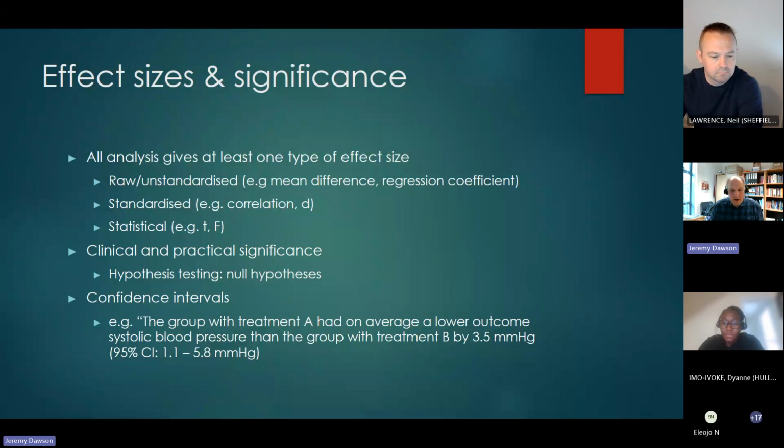Now, what I just said is not quite the strict statistical definition of a confidence interval, but it's close enough that it makes sense to understand it that way.